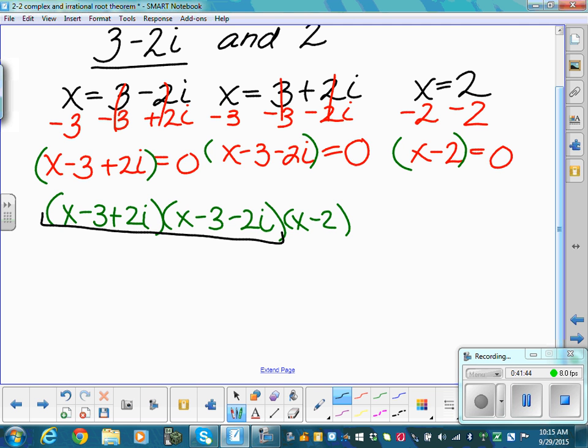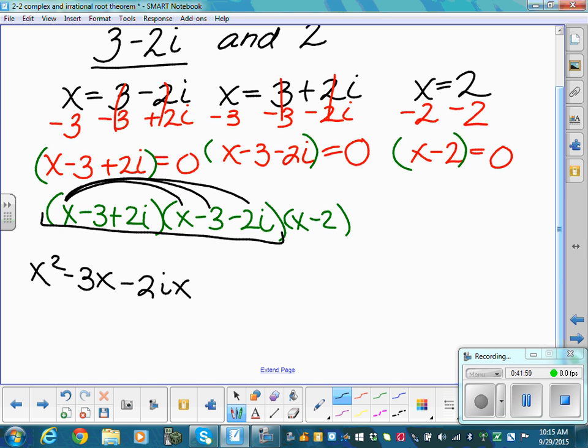Let's just triple distribute. X times x is x squared. X times negative 3. Minus 3x. X times negative 2i. Negative 2ix. Very good. Did you all see what I just did? Distributed x through. I'm going to distribute negative 3 through. Negative 3 times x. Negative 3x. Negative 3 times negative 3. Positive 9.